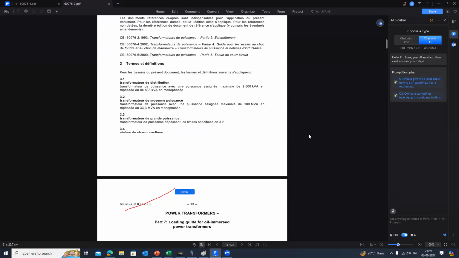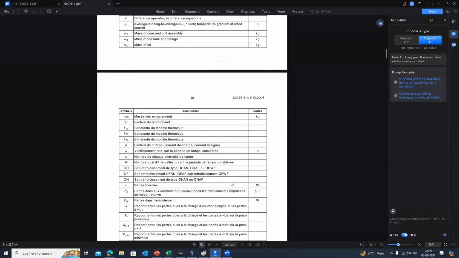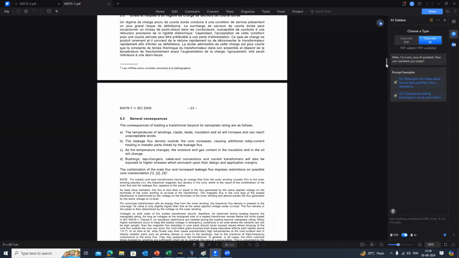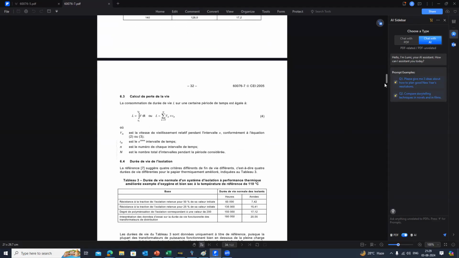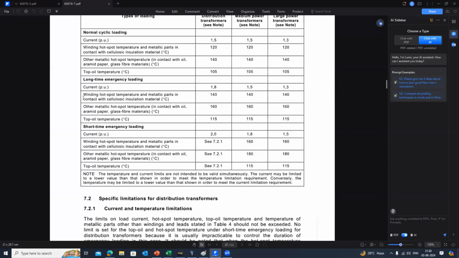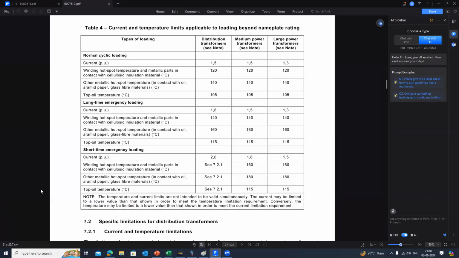Let me go to the table in this. Yes, here this is the important table. How much time the overloading is possible is mentioned in table 4 of 60076 part 7.